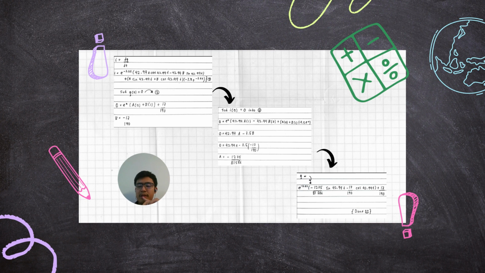So we get e^(-7.5t) times (-1275 over 81,586 sin 42.94t, and the value of B is -17 over 190 times cos 42.94t), and Qp is plus 17 over 190. Okay, that's all from me.